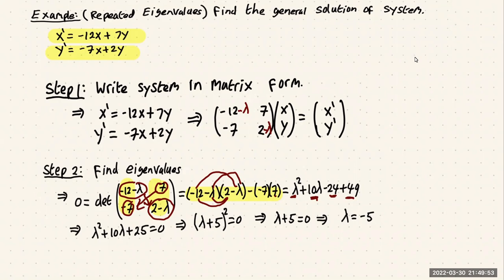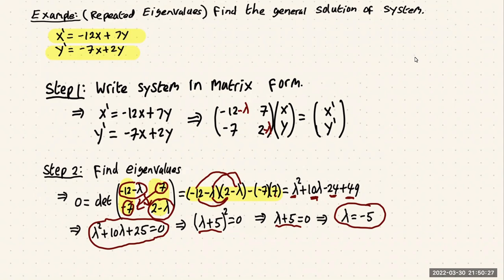And that reduces to lambda squared plus 10 lambda plus 25 equals 0. And that guy you can check factors as lambda plus 5 squared equals 0. So we set lambda plus 5 equal to 0, and we get that lambda equals negative 5. Note here, there's just one eigenvalue. It's repeated because we have the lambda plus 5 squared. It's like a multiplicity 2.